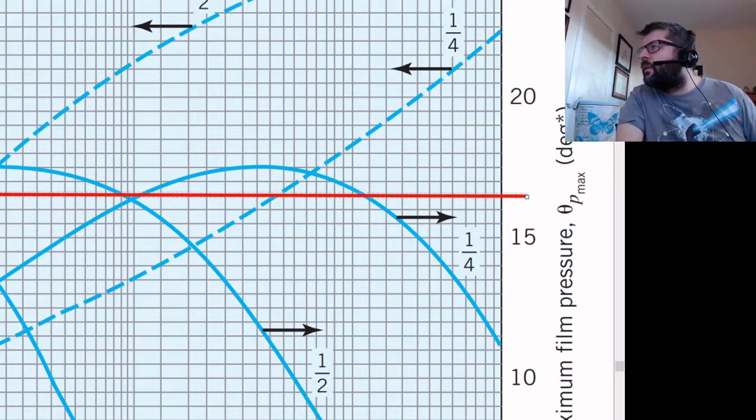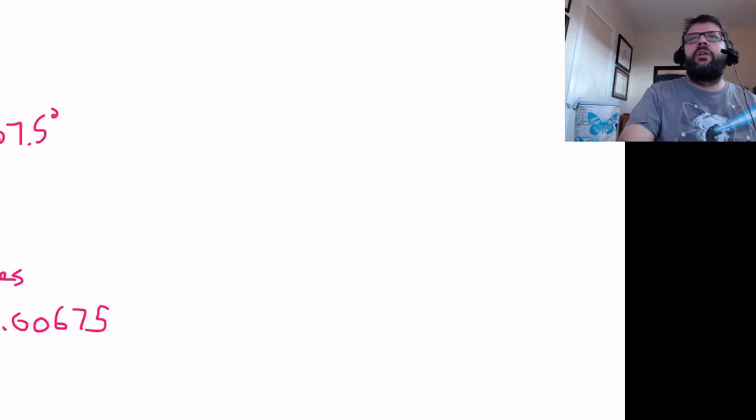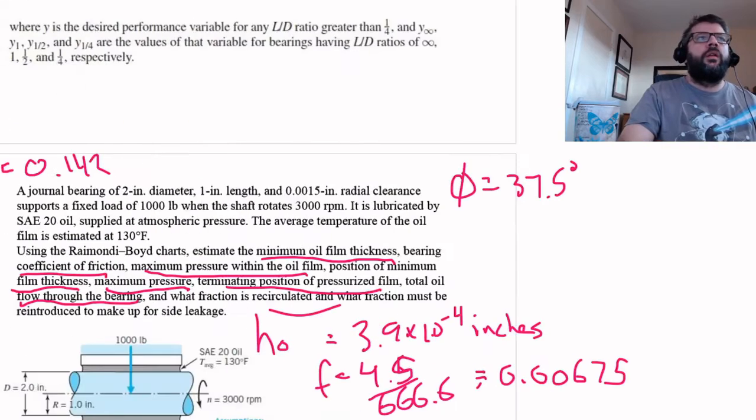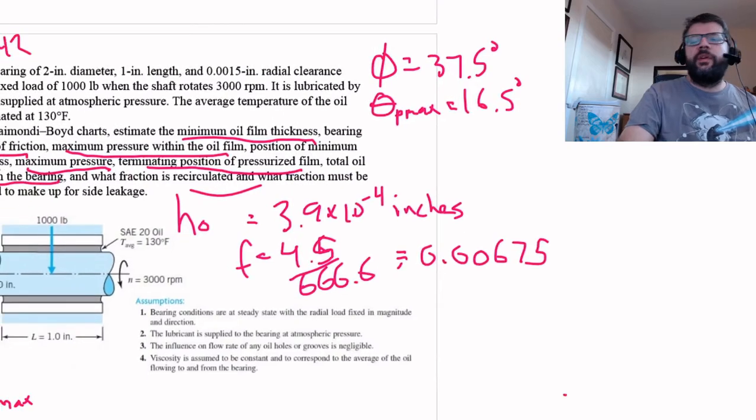So that looks to me like we are looking at 16.5 degrees. So theta P max is equal to 16.5 degrees. I realize that's under my face there.